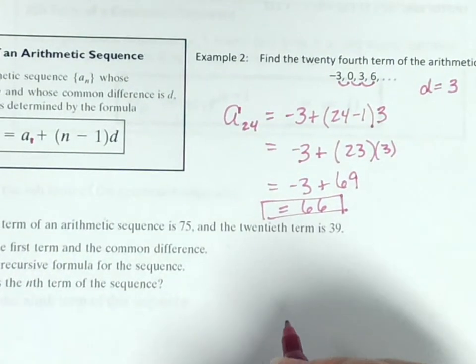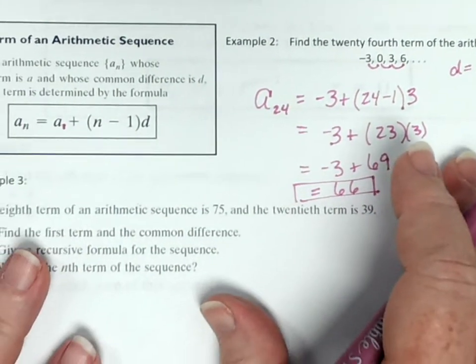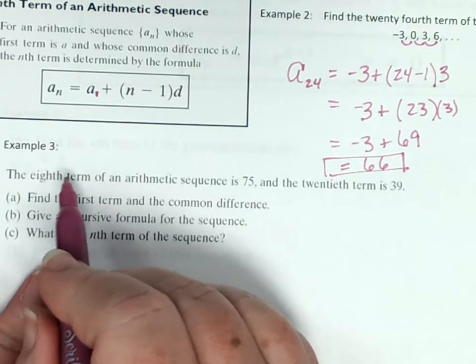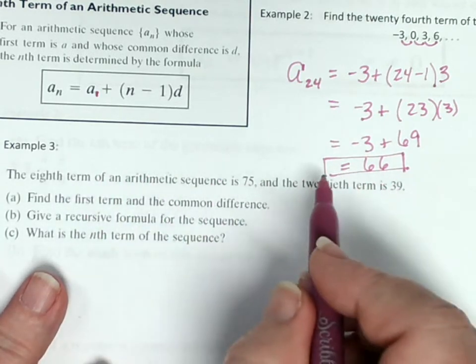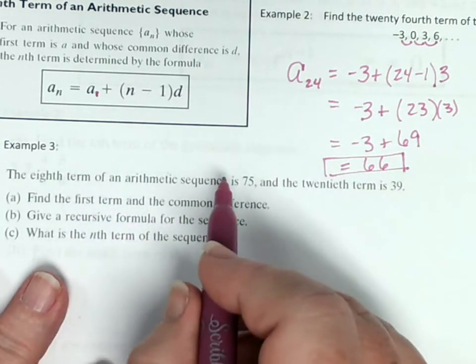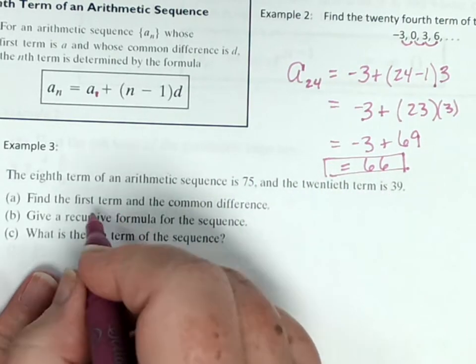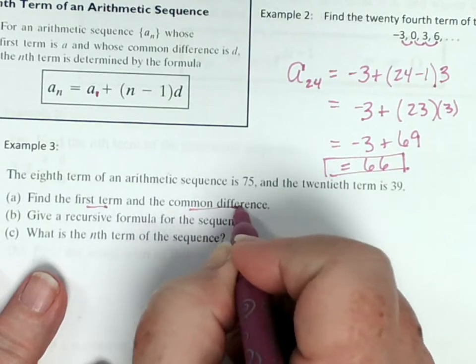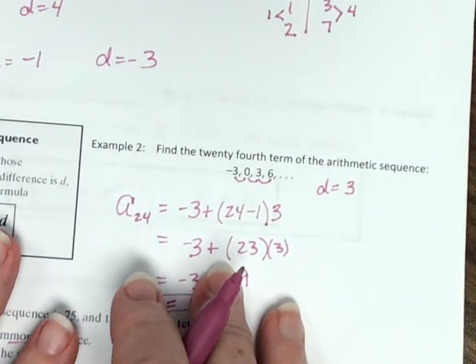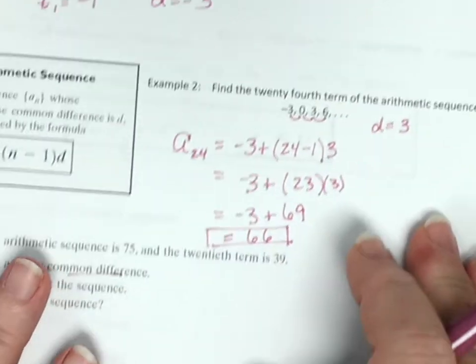Now, every once in a while, they give us two terms from the list. They say the 8th term is 75 and the 20th term is 39, and they ask us to find the first term and the common difference. Remember how I showed you we could make a table of values? Let's do that here.